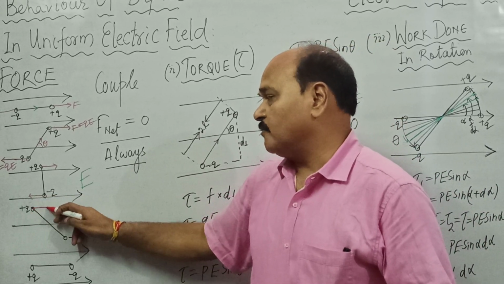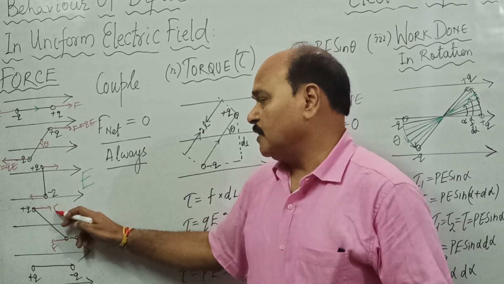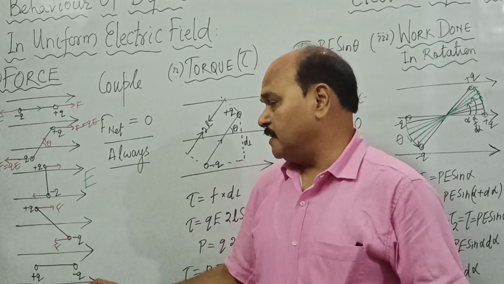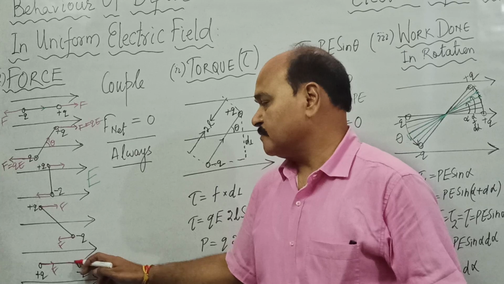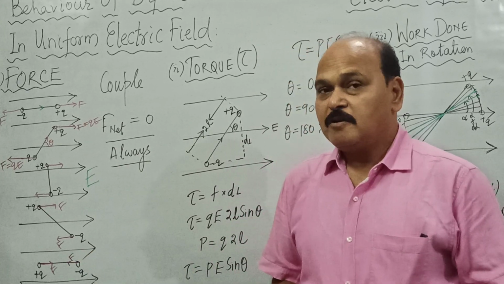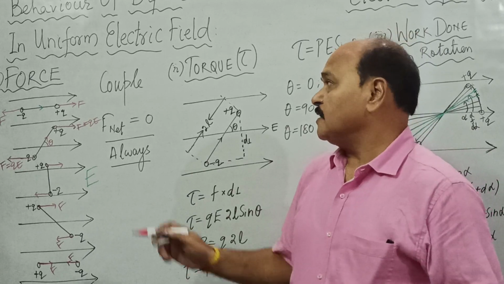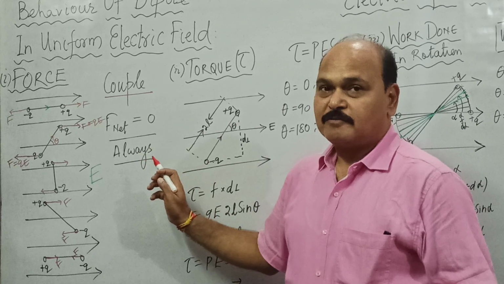There is a couple acting over dipole. So the net force over electric dipole in any orientation is always going to be 0. There are two forces acting over dipole, over both the charges of dipole. Both the forces are always equal and opposite. They form a couple, and net force due to couple is always 0.